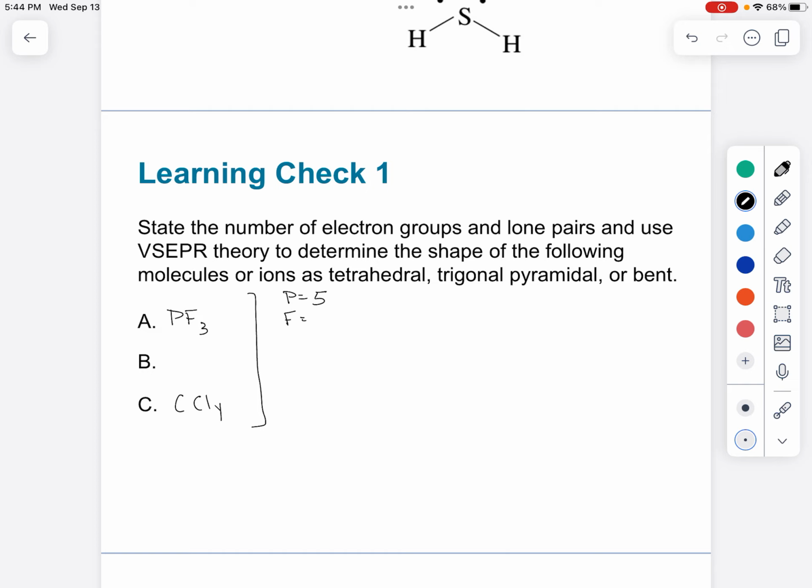Fluorine has 7, but there's 3 of them, so it's 21. 26 total. By the way, if you ever get an odd number of valence electrons, count again, because it's very rare. Okay, so phosphorus is going to be my central atom. Fluorine, fluorine, fluorine. Put in my single bonds, minus 6. Now I've got 20, so fill in the outer valences. That used 18, so I have 2 left.